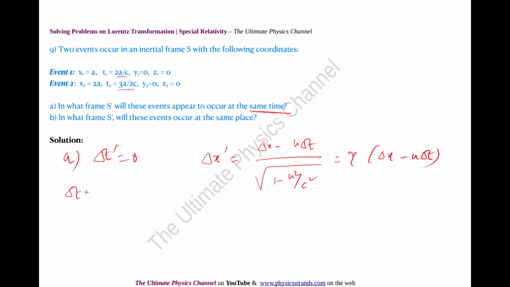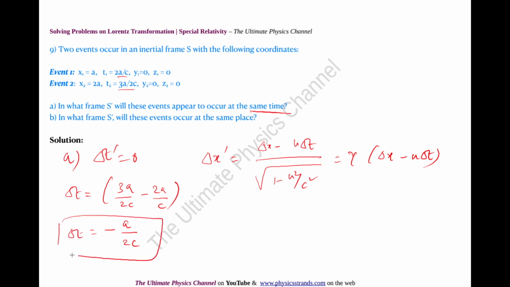So del t is equal to 3a over 2c minus 2a over c, that is minus a over 2c. This is in S frame. But in S prime, this is equal to 0.